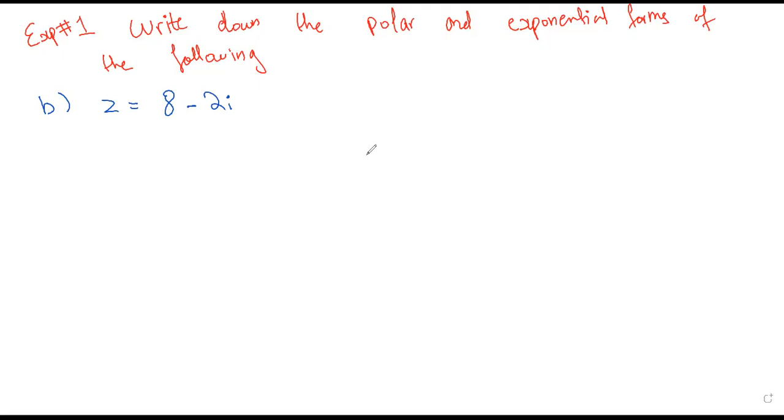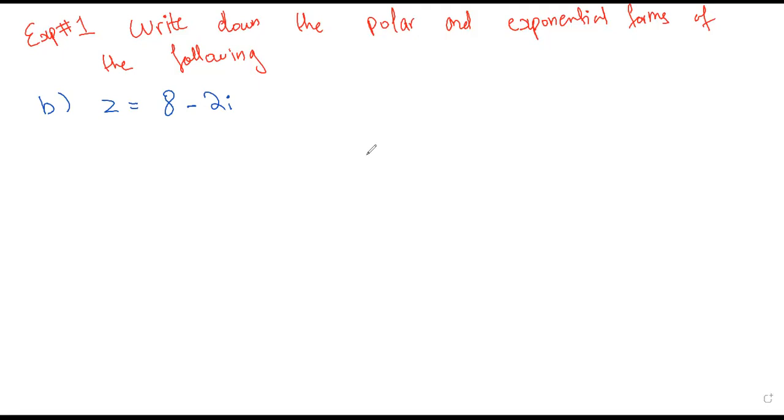8 minus 2i is 2 root 17. Very good. R is 2 root 17.